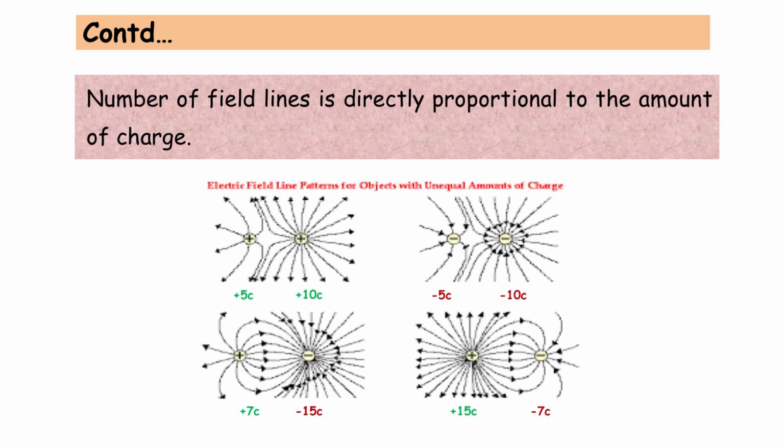The next one, number of field lines is directly proportional to the amount of charge. That means, the more will be the charges, the more will be the field lines. You can see that for plus 10 coulomb charge, field lines are more than plus 5 coulomb charge.